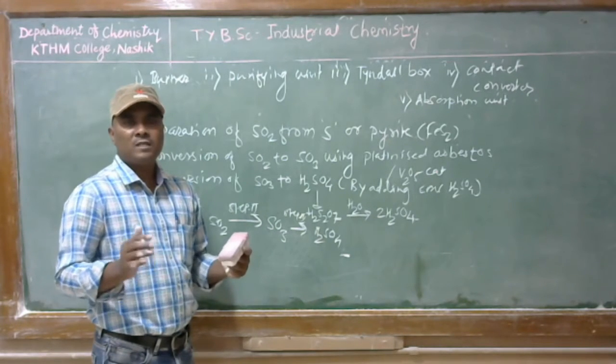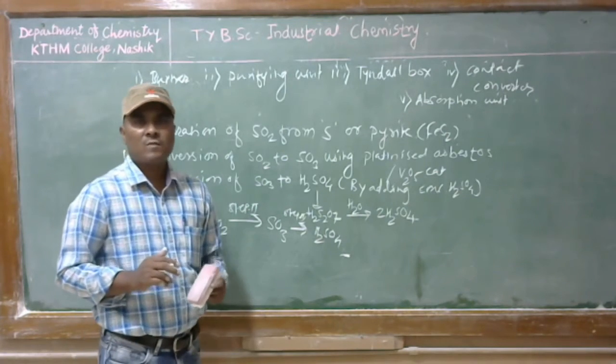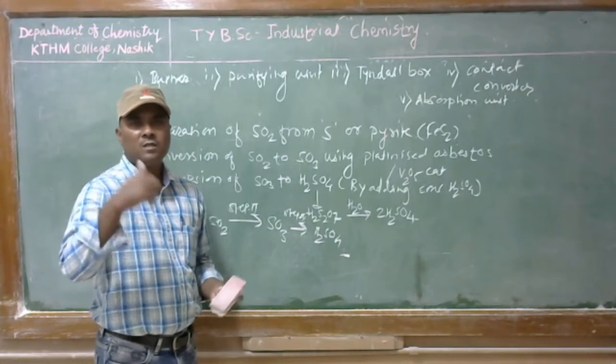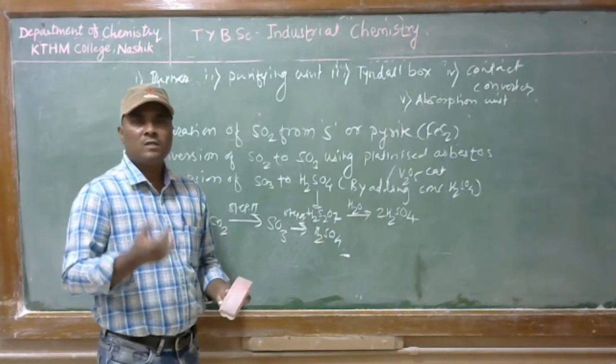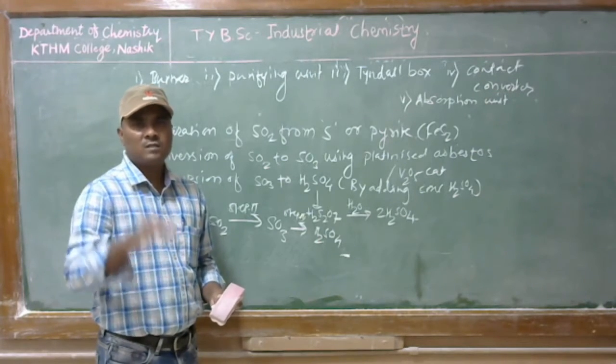In the first chamber, the drying chamber, the reacting gases pass in, and from the top of the chamber steam is introduced, so that whatever dust particles are present in the reaction gases get settled down with the steam.